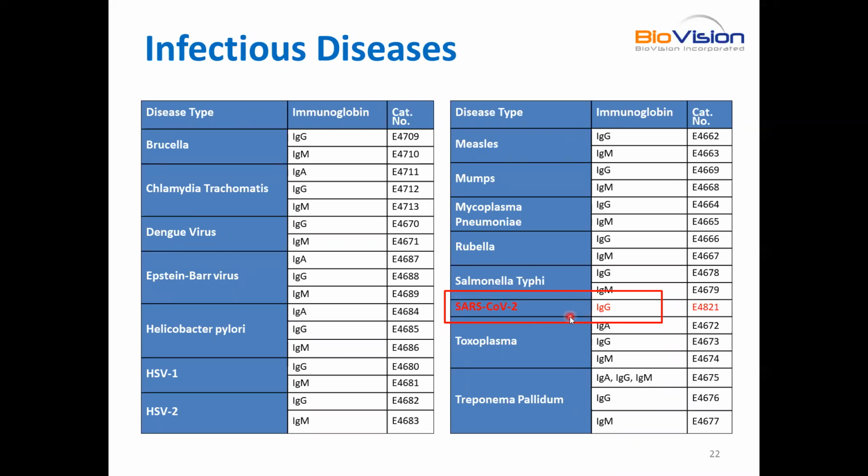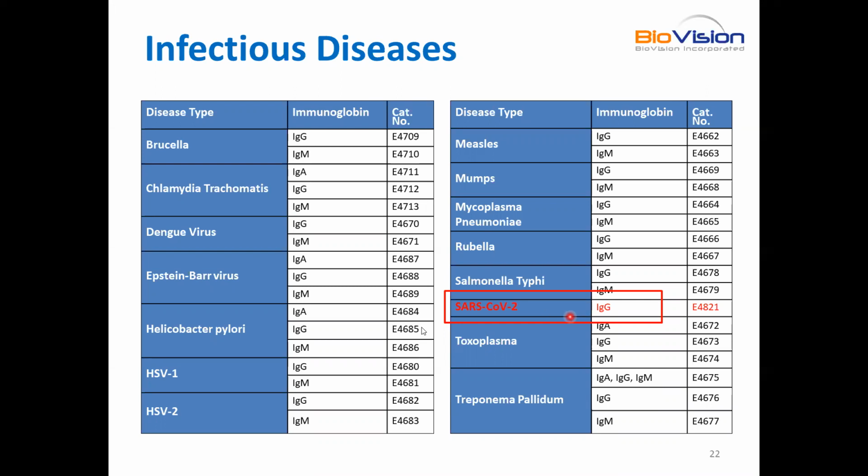This is a qualitative ELISA kit that can detect the presence of these antibodies in the human sample. It is very helpful to understand the disease progression, and helpful for researchers to find therapeutics against this disease.